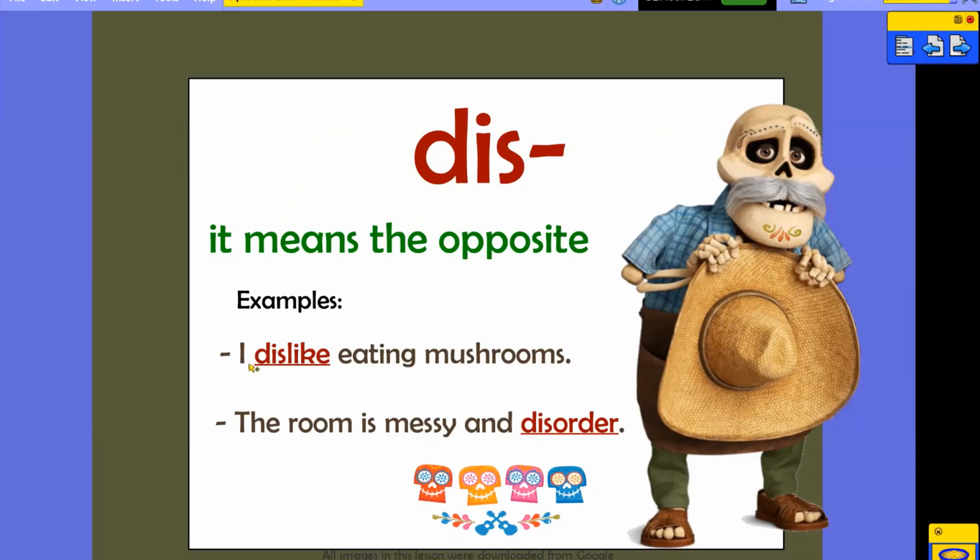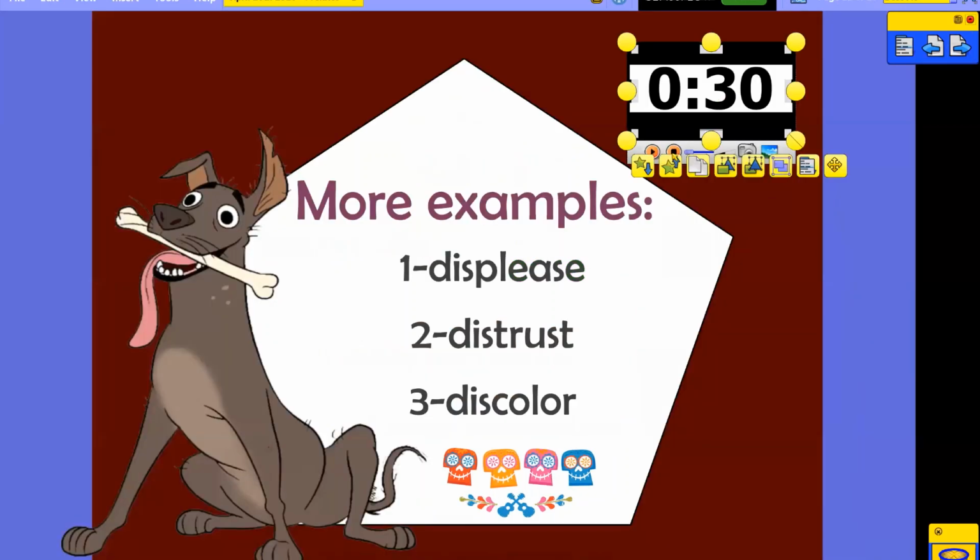Which is easier over here in the first sentence to say, I do not like eating mushrooms, or I can simply say, I dislike eating mushrooms. You see, we add prefixes because they have big meanings with short spellings. Let's see the next slide.